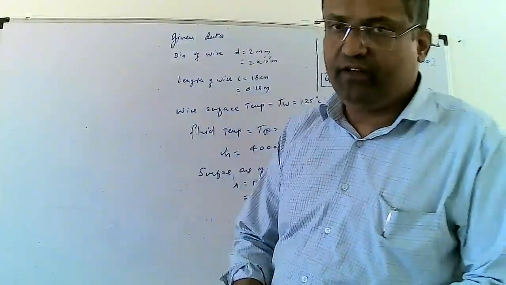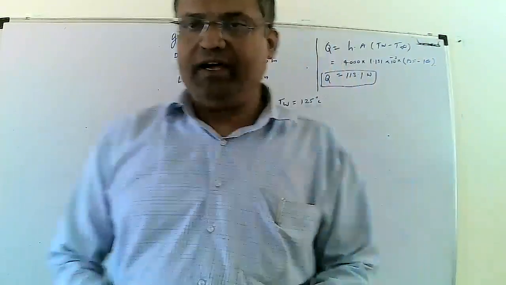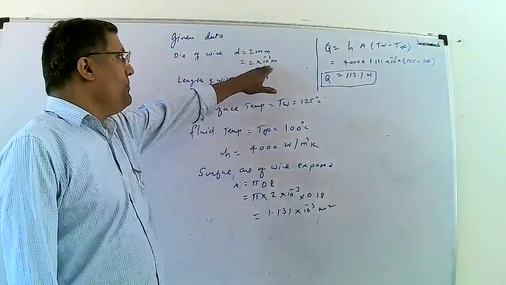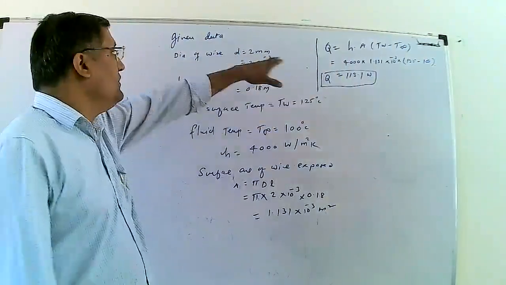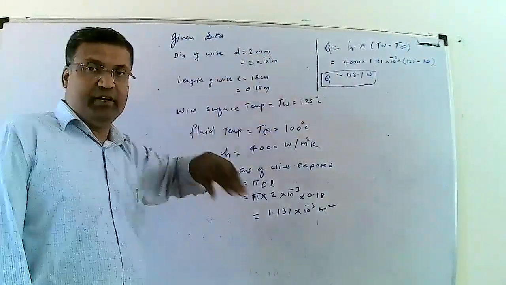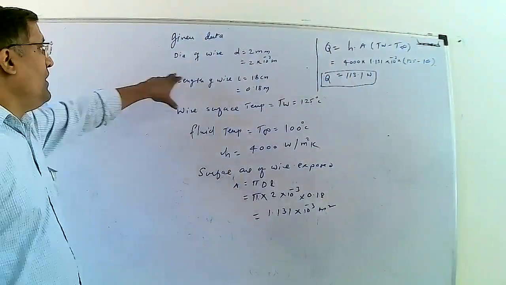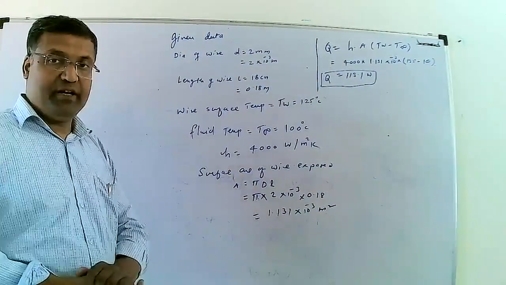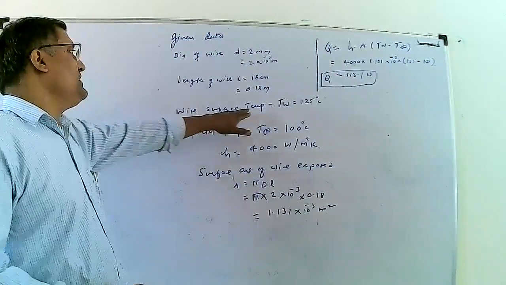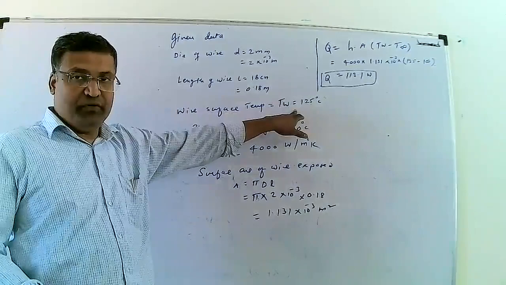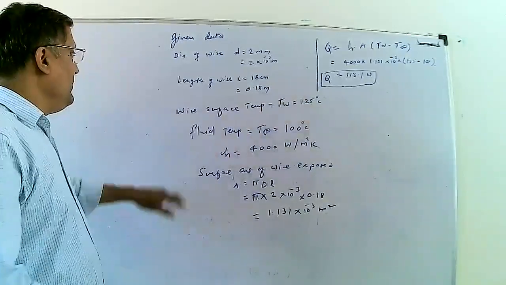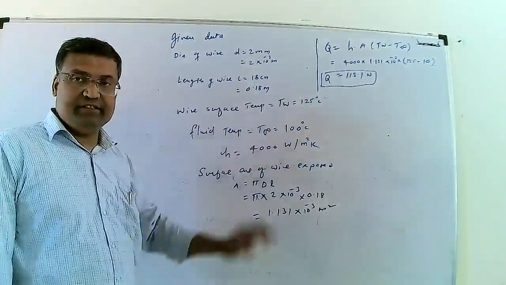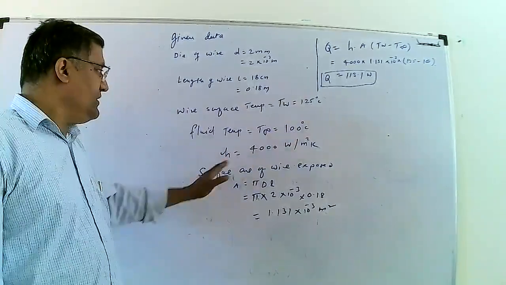Very simple way to calculate. The diameter of the wire D is 2 mm, then convert into meter, 2 into 10 raised to minus 3 meter. Length of the wire L 18 centimeter, convert into 0.18 meter. Wire surface temperature TW 125 degrees Celsius. Fluid temperature is represented by T infinity, 100 degrees Celsius. h is given.